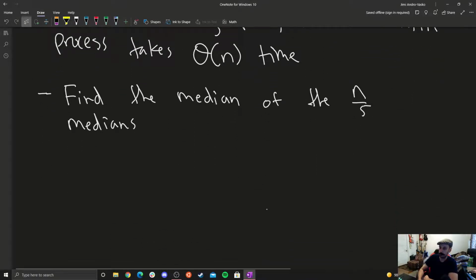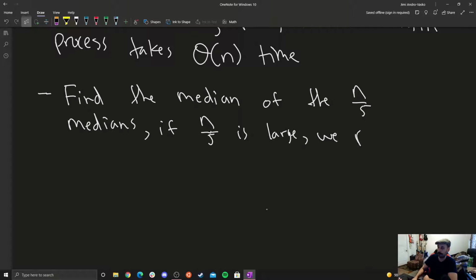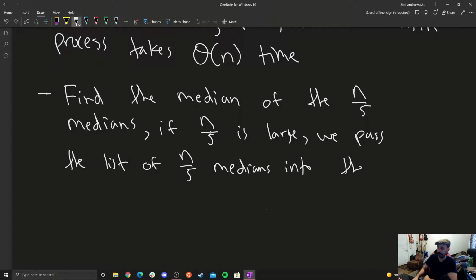So if n over 5 is large, we pass the list of n over 5 medians into the selection function.